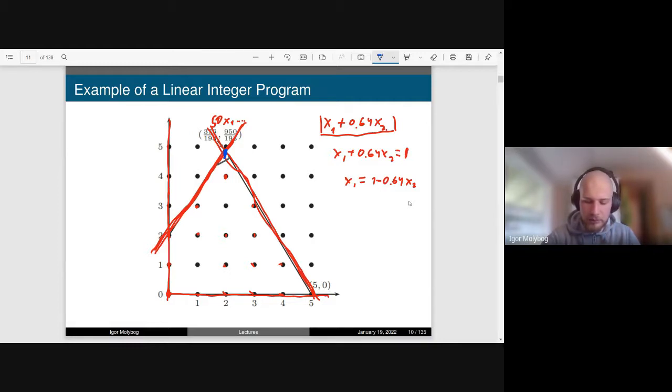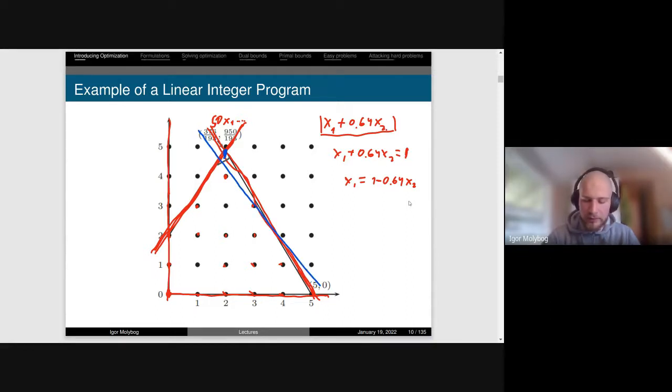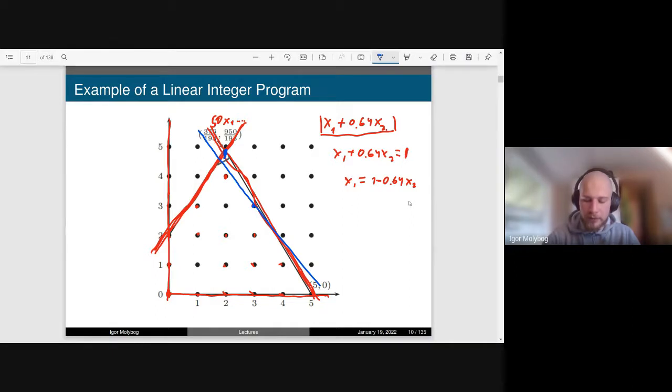It looks to me, at least by just looking at the problem, that this line right here, first of all, passes quite far to the right, and any line parallel to it that passes through any of these points would be to the left from it. And also, it still passes through a feasible point.